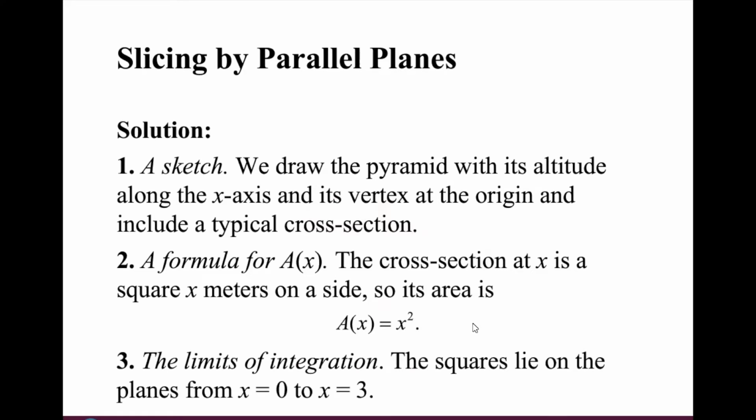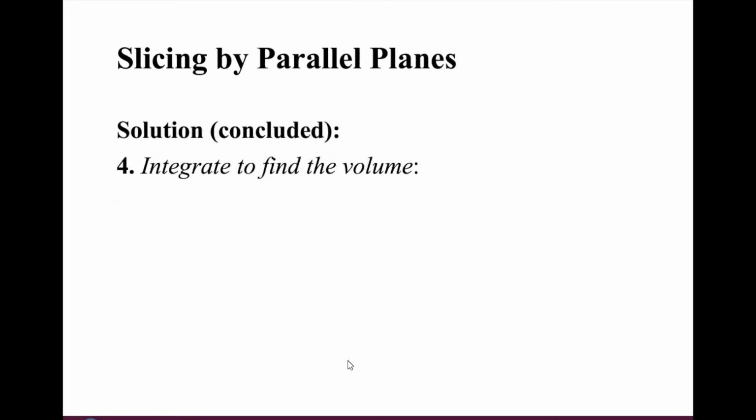The limits of integration are 0 to 3 because the squares lie on the planes from x equals 0 to x equals 3. And finally, we will integrate to find this volume. So what I'll do when these integrals get even just a little bit more complicated is I will switch over to my tablet and work them out live for you.